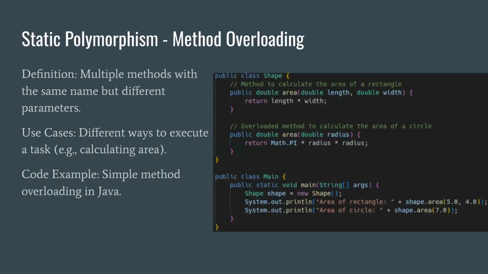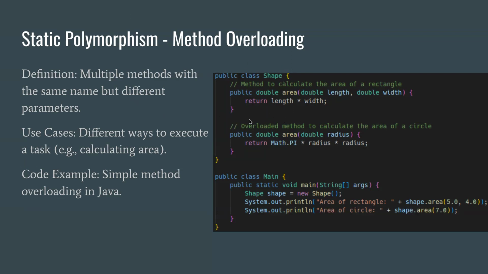Static polymorphism: method overloading. Let's talk about static polymorphism through method overloading. Here we can have multiple methods in a class with the same name but different parameters. This is like having different versions of a method to perform a task that can vary slightly in its requirement.